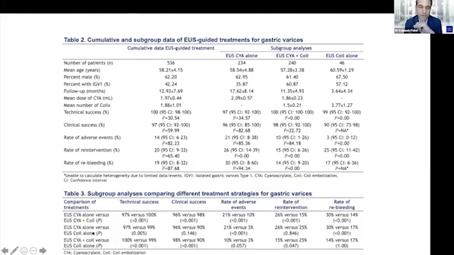The takeaway message here is whether it's glue versus the combination, coil versus the combination, we always will have better outcome, whether it's technical or clinical success, lower rate of adverse events, and lower need for re-intervention in the combination of coils and cyanoacrylate. So this has really become, if there is a standard, this is what I would consider it currently.